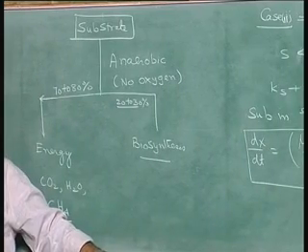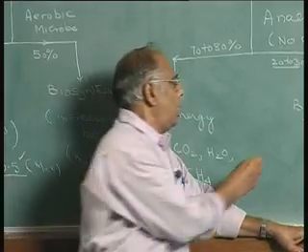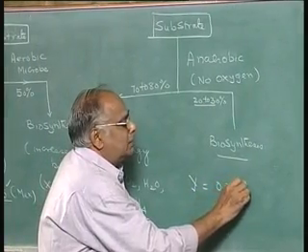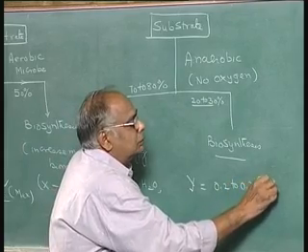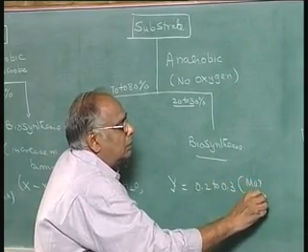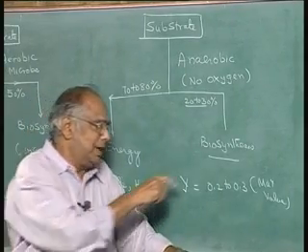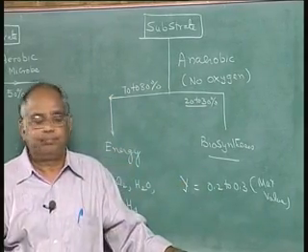The yield coefficient for an anaerobic system is approximately 0.2 to 0.3, which is a maximum possible value; in actual practice it will be less than 0.2 also.